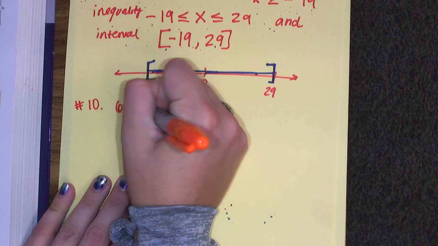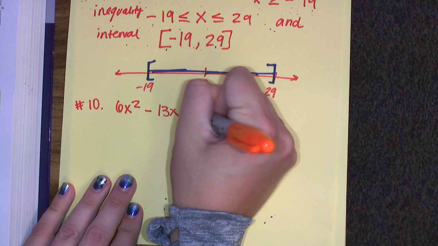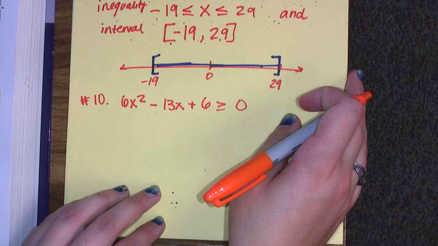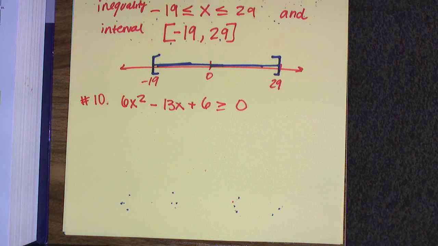6x squared minus 13x plus 6 is greater than or equal to 0. So this one is not absolute value, so I don't have to do it twice. I'm not doing two separate problems. So how would I go about solving this? Possibly. I'm not sure.